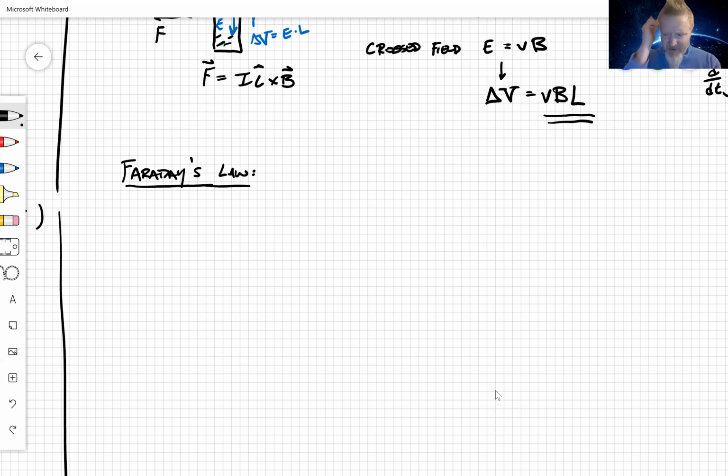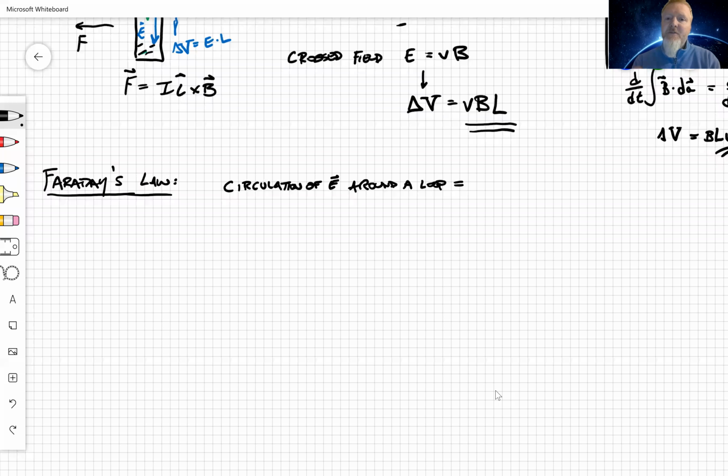So Faraday's law essentially says that the circulation of E around a loop, around a curve, is going to equal the time rate of change of the flux of B through the surface that the loop makes.